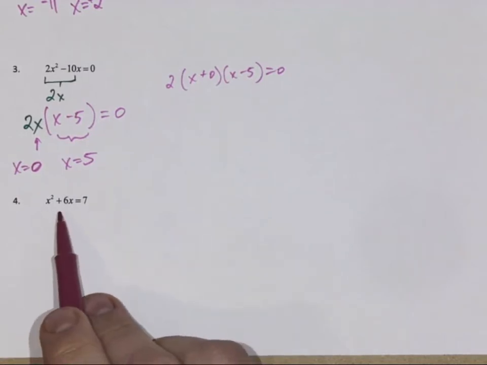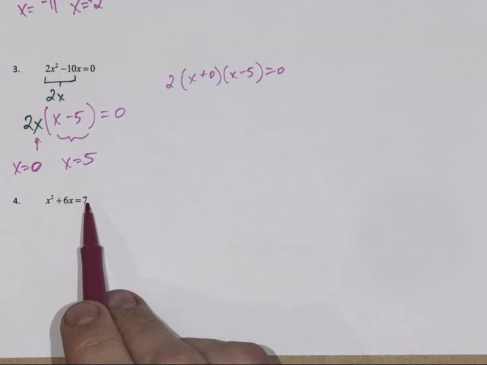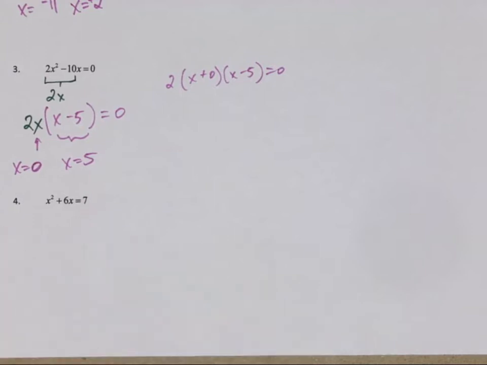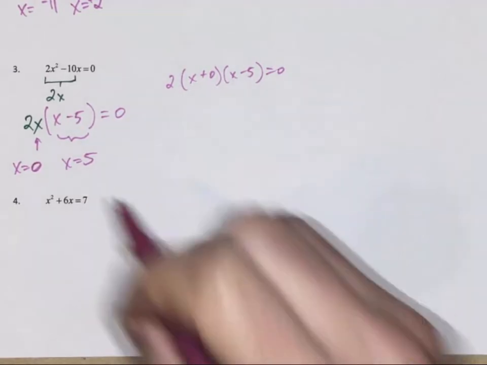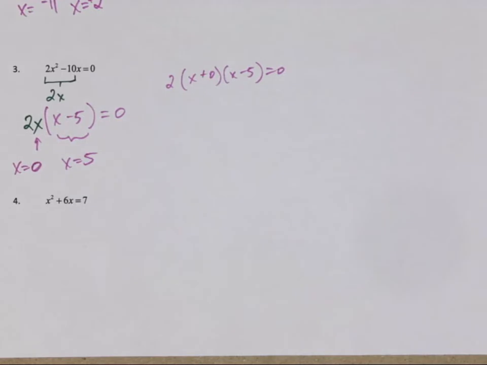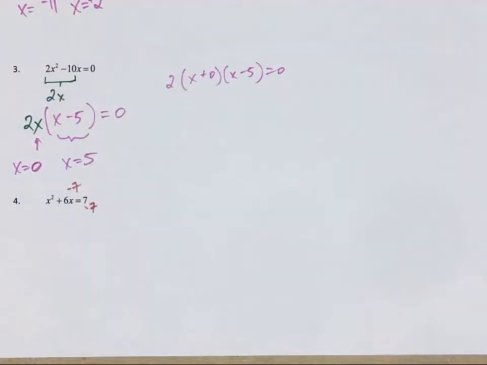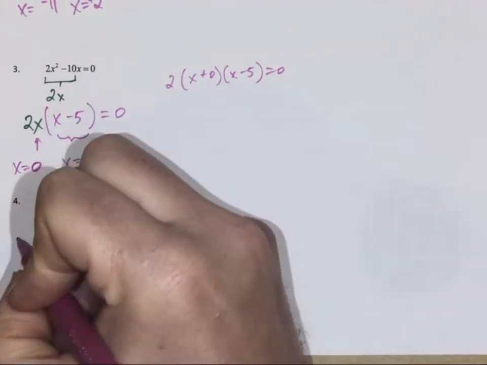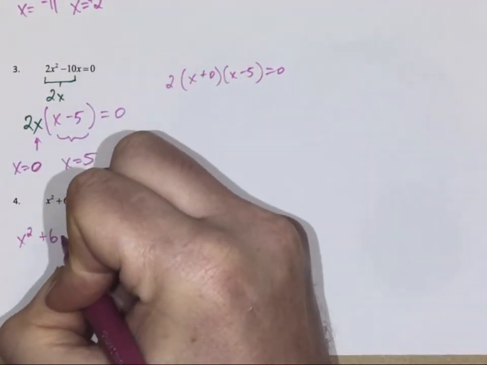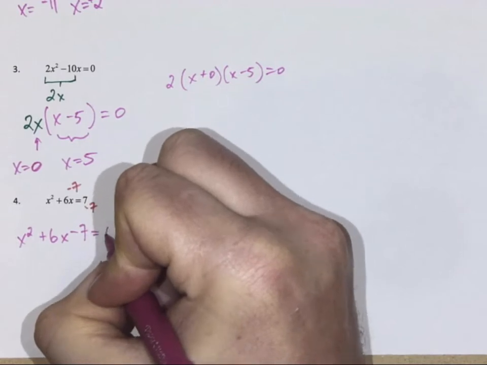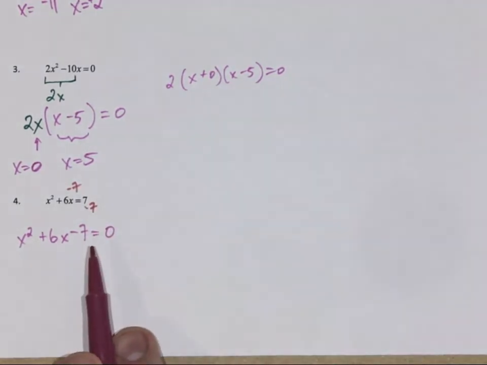Example 4, x squared plus 6x equals 7. Step 1, let's bring all the terms to one side. To do that, I need to get rid of the 7 on the right, so I take away 7 from the right, which means I take away 7 from the left. Now I have a simple trinomial.